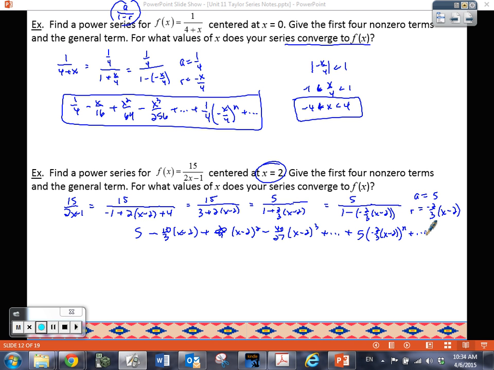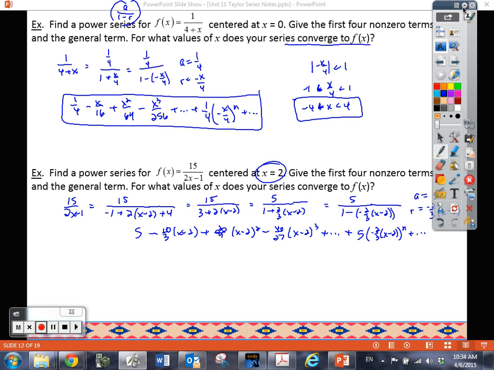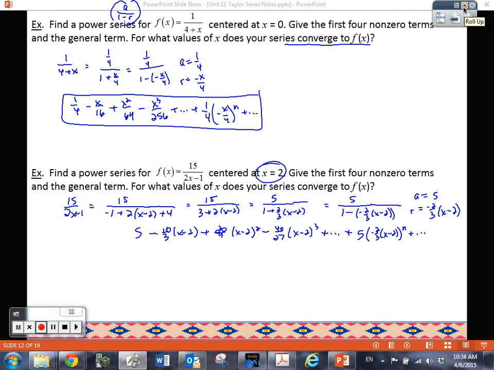So we've got the first 4 non-zero terms and the general term. Now we need to do our convergence. So let me move this up here so we can see a little bit better. Okay, so our interval of convergence is where the absolute value of r is less than 1.